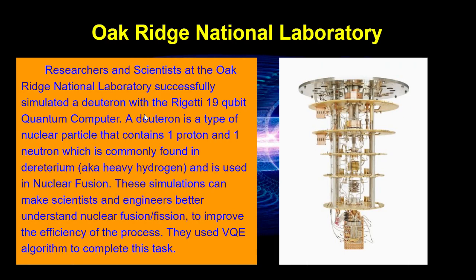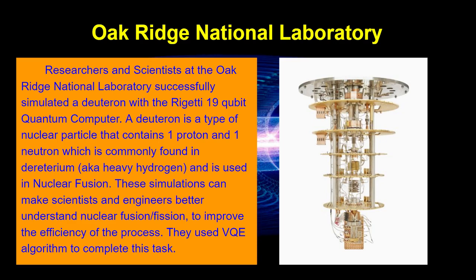First, Oak Ridge National Laboratory. Researchers and scientists there successfully simulated a deuteron with a Rigetti 19-qubit quantum computer. A deuteron is a type of nuclear particle that contains one proton and one neutron, commonly found in deuterium, also known as heavy hydrogen, which is usually used in nuclear fusion.